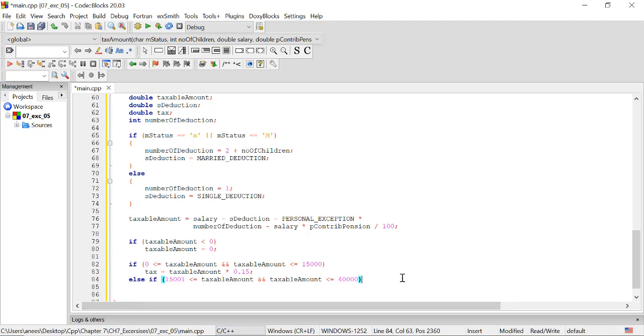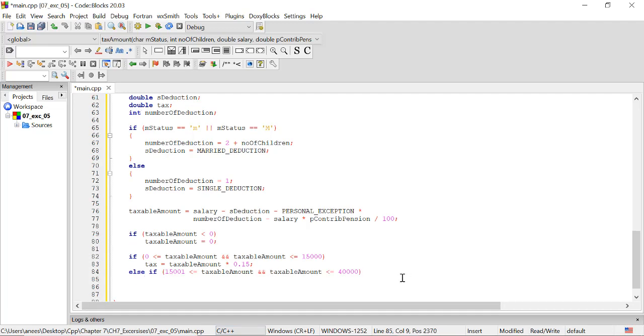Oops. Then the tax is equal to 2,250 plus the taxable amount minus 15,000 times 0.25.